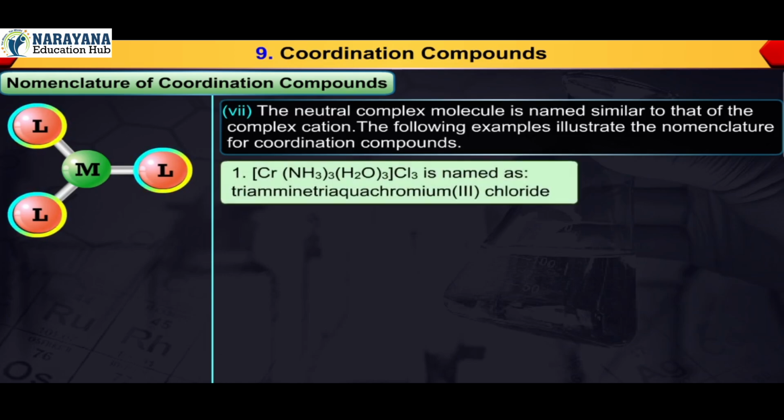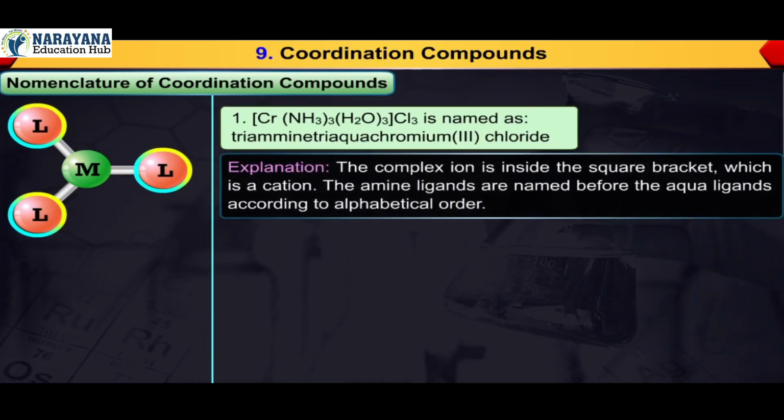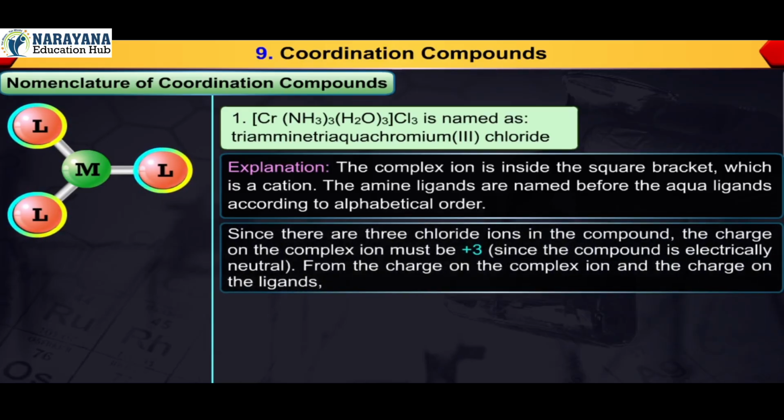1. [Cr(NH3)3(H2O)3]Cl3 is named as triamminetriaquachromium(III) chloride. Explanation. The complex ion is inside the square bracket, which is a cation. The ammine ligands are named before the aqua ligands according to alphabetical order. Since there are 3 chloride ions in the compound, the charge on the complex ion must be 3+, since the compound is electrically neutral.